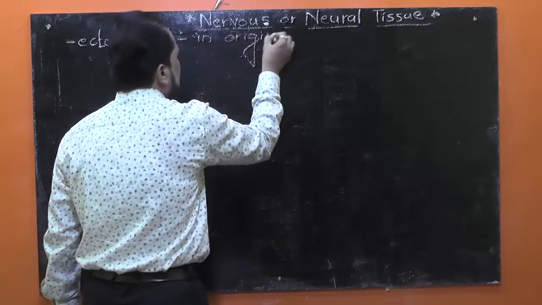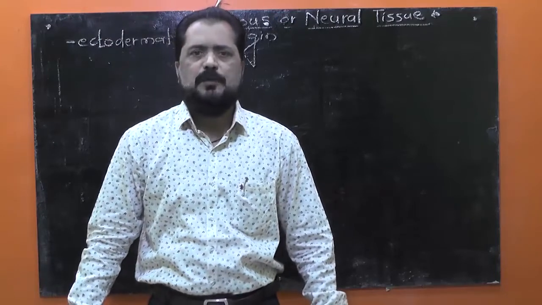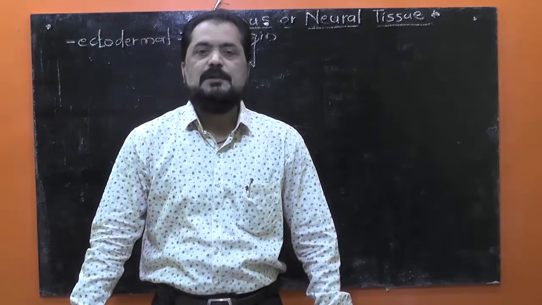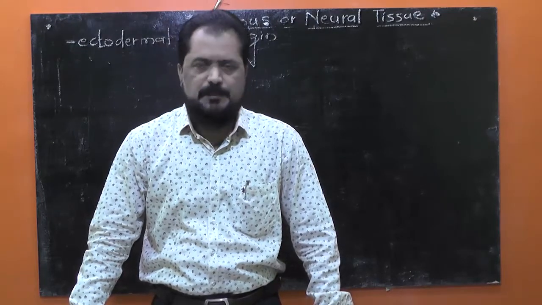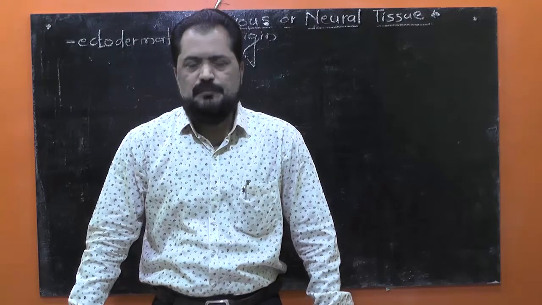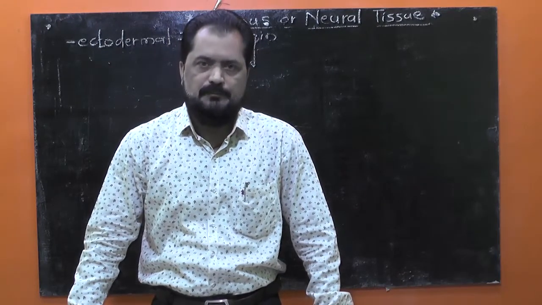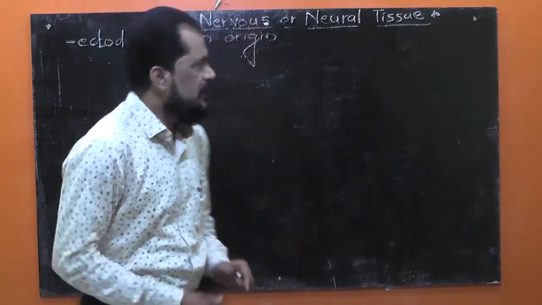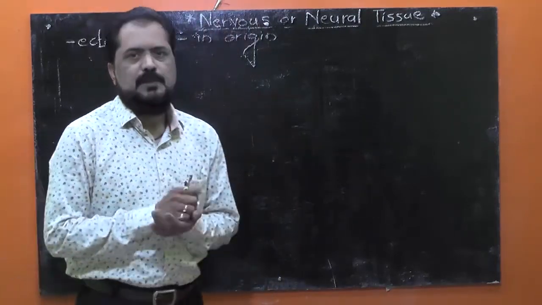It means it arises from the ectoderm. We all are aware about the different germ layers: ectoderm, mesoderm, endoderm. So simply here I want to tell you that the nervous tissue arises from the ectoderm, and therefore I said the nervous tissue is ectodermal in origin.